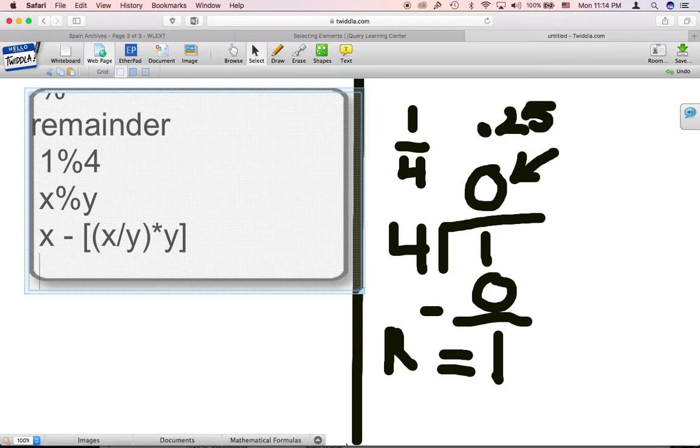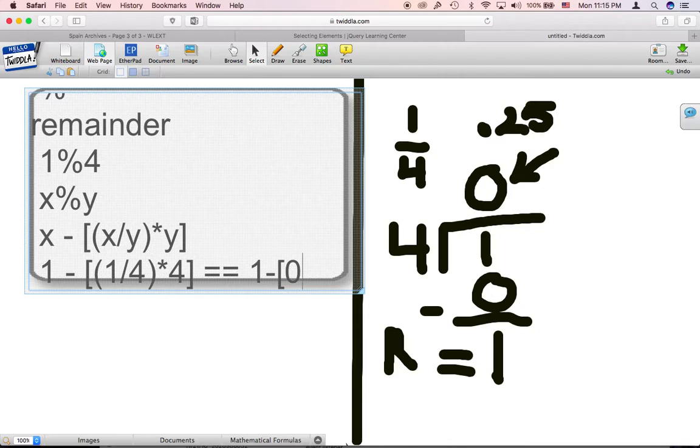Okay, 1 minus 1 divided by 4 times 4, and that equals 1 minus, 1 divided by 4, as we said before, is 0.